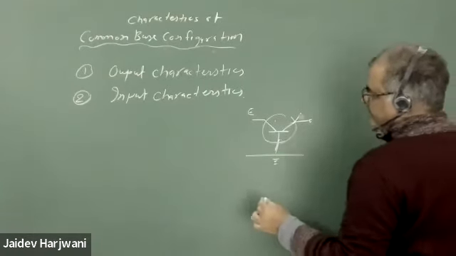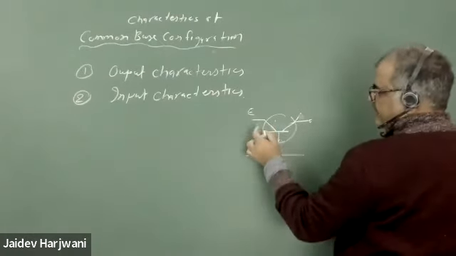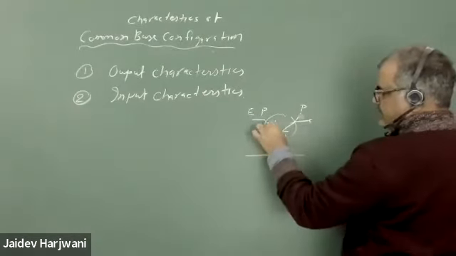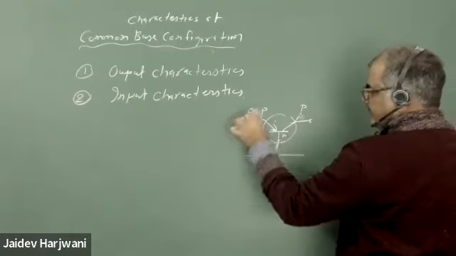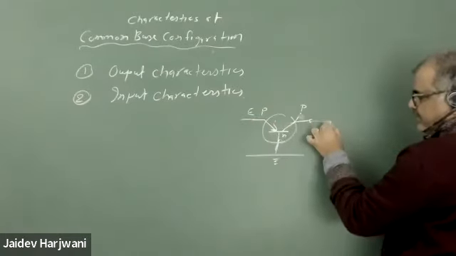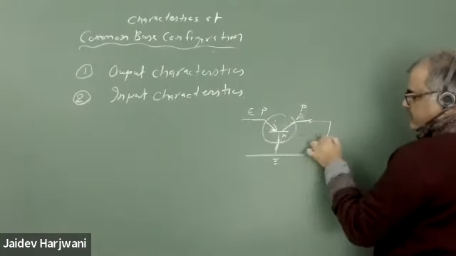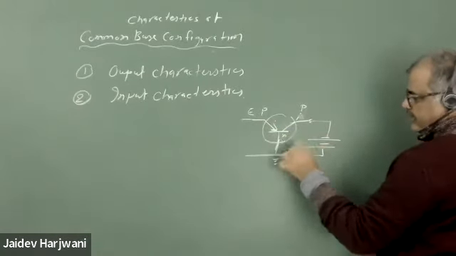Let me call this a PNP transistor, so this is a P, N, P transistor. Current will go inside, so I need to supply some voltage here, which I call VCC. This should be negative.